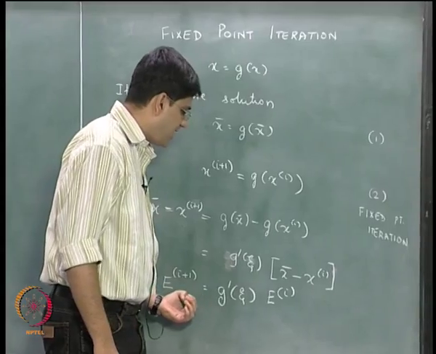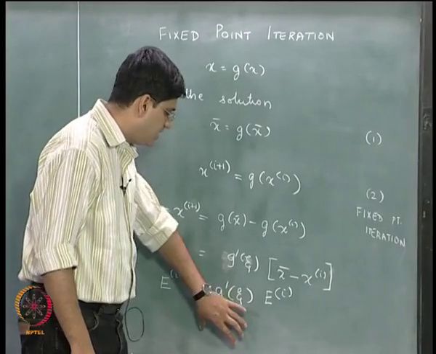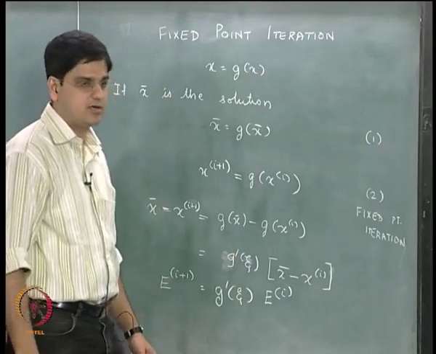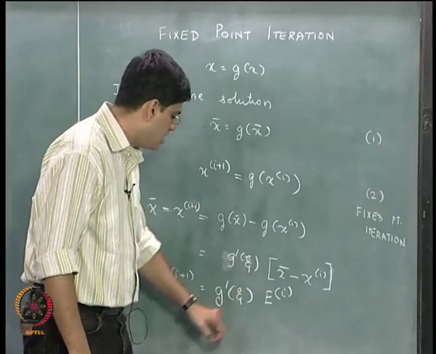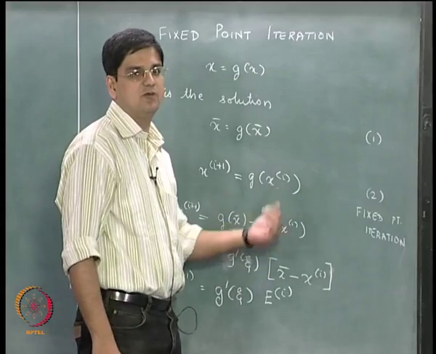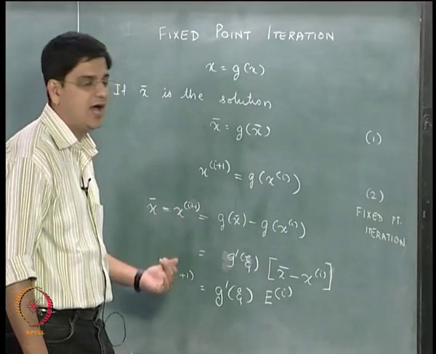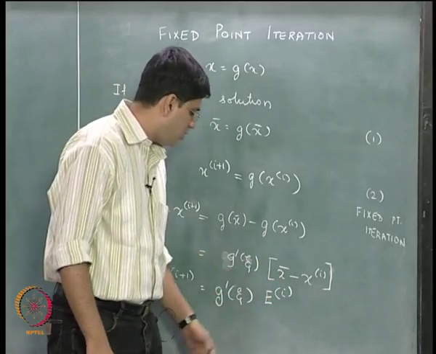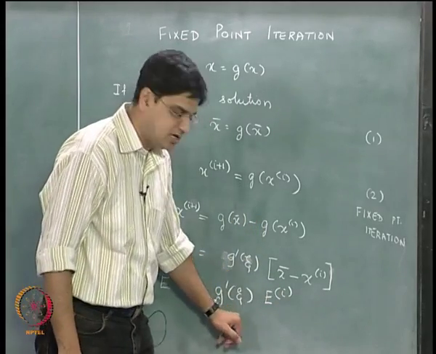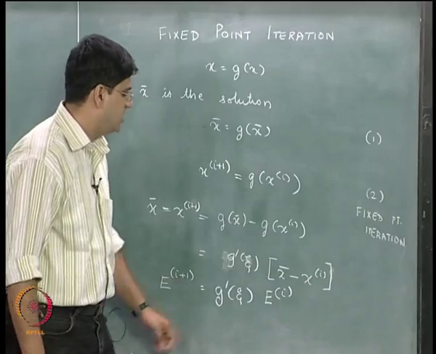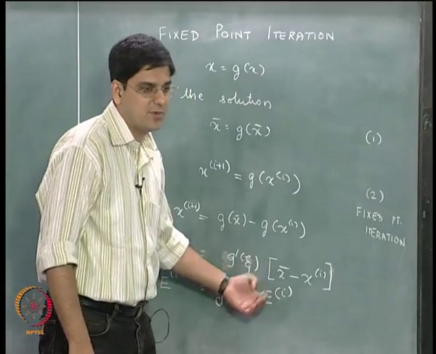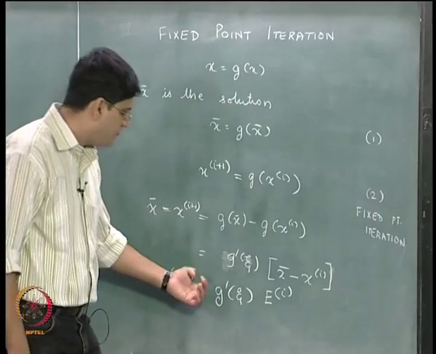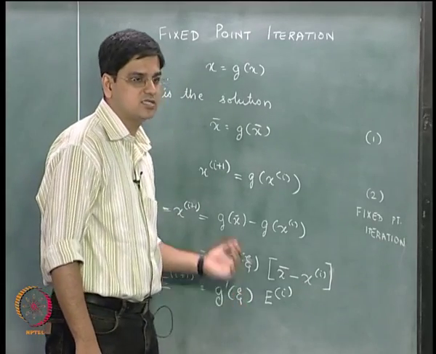So the error in the (i+1)th iteration is going to be some particular constant g dash of zeta multiplied by the error at the ith iteration, where zeta is a point which lies somewhere between x_i and x bar. And as the error becomes smaller and smaller, our zeta tends to go towards x_i or x bar.